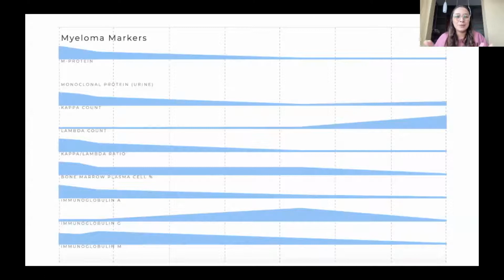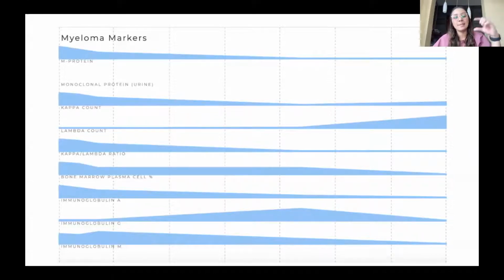So this is a zoom of the image that I just showed you. As Anna said, this is a really important graphic. Why? Because you will be able to compare it with the treatments that you are having, and you will see whether you are responding or not. So these are the myeloma markers. In the first example, you can see the M protein. It has other names also that we are going to see.